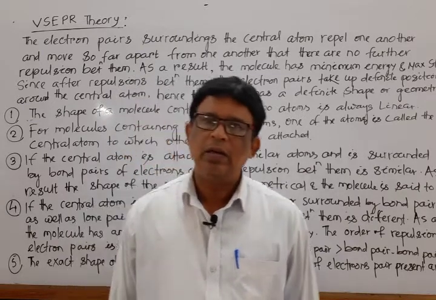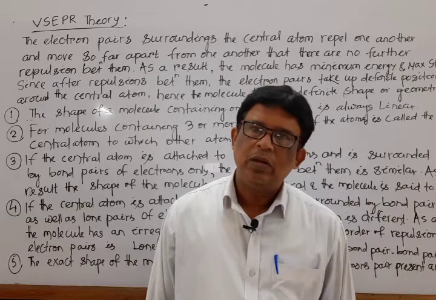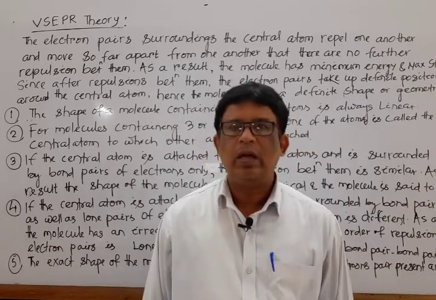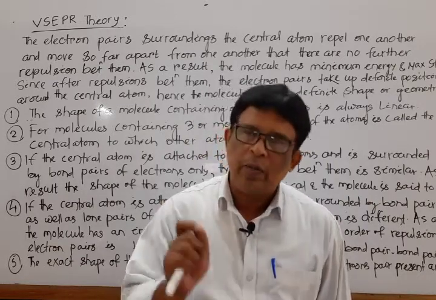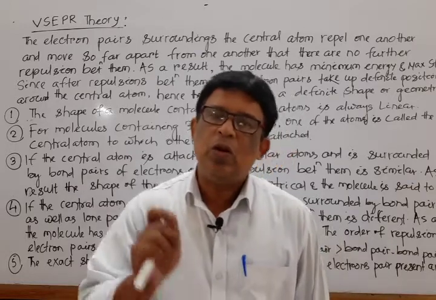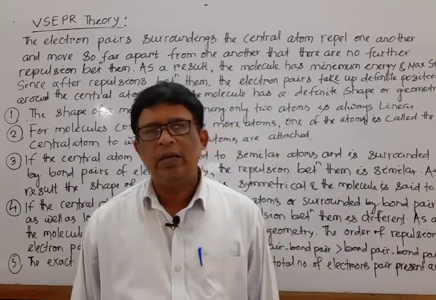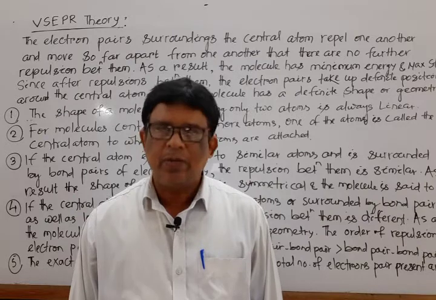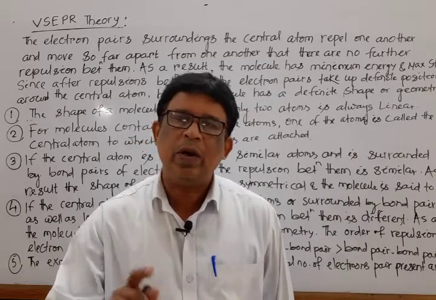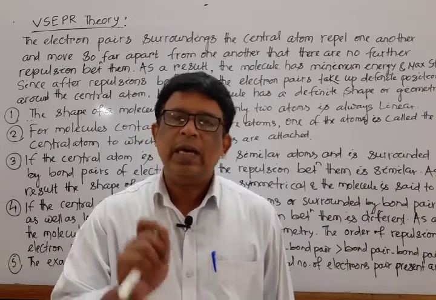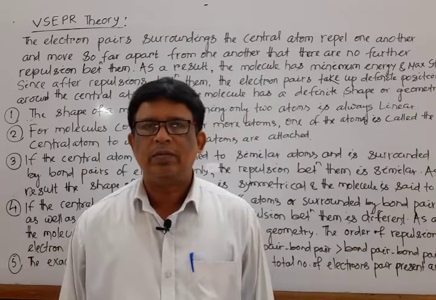On the other hand, if that atom is a different one and possesses bond pair electrons as well as a lone pair of electrons, then the shape or geometry is a different one, not symmetrical, it is a disturbed geometry.